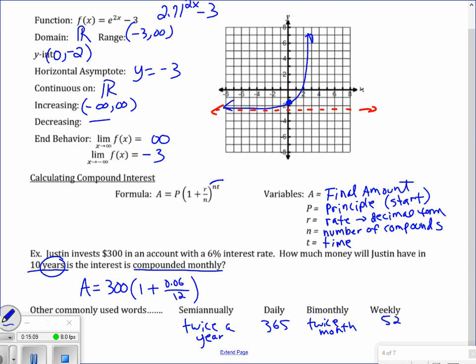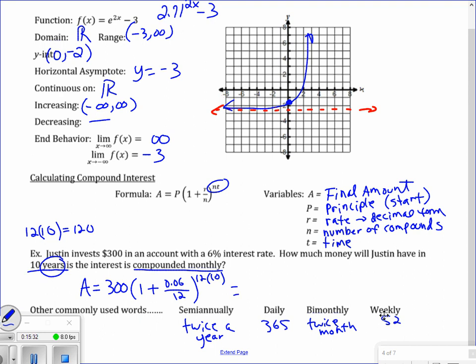And up top here, I have n times t. That up top is supposed to be how many times overall your money is going to get its interest rate. So think about it: it's 12 times a year for 10 years. That's why you're multiplying those things, so it should be 120.